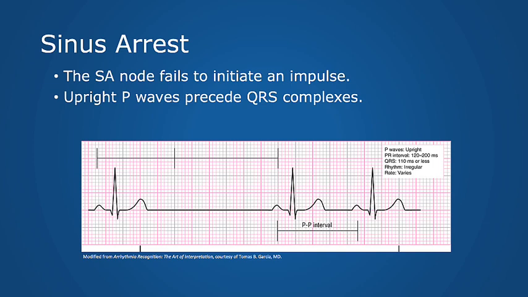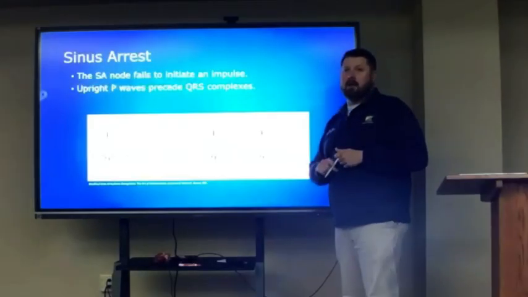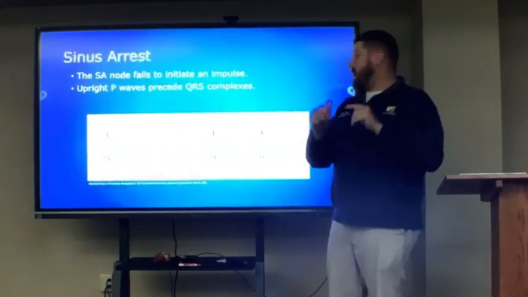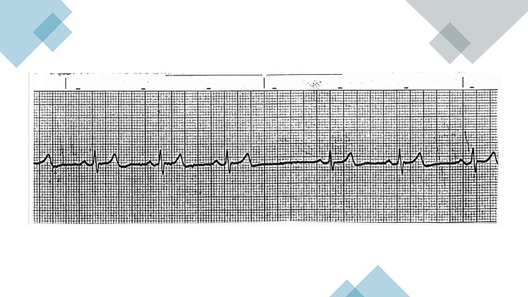So, we're going to look at our rate. Should be within normal limits. Sometimes it's going to be less than 60. Like in this one here, it's 30. But we're going to look at the rhythm, and it's going to be irregular because our R to R's don't match up. Here's some other examples of sinus arrest.